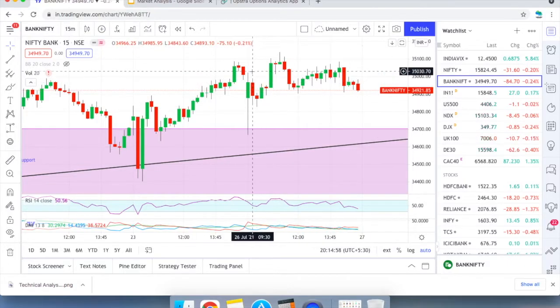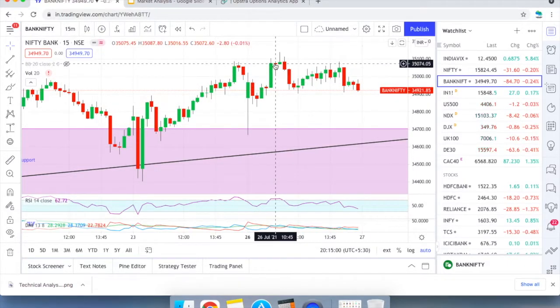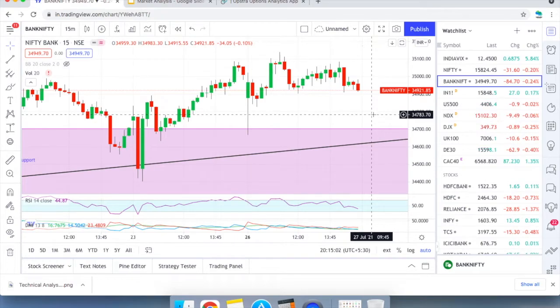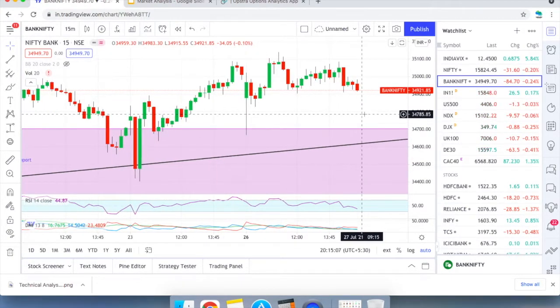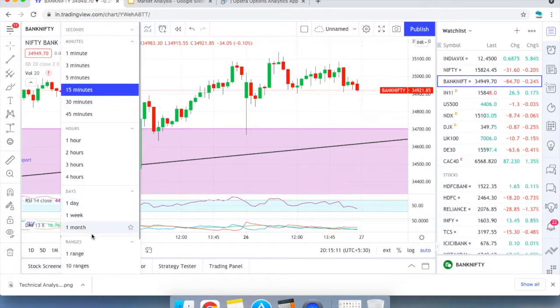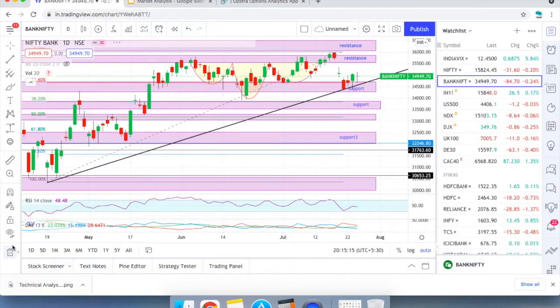So 350 points down, then 450 points up, and then 250 points down. It is very difficult to trade this kind of action, all inside the range of the previous day's high and low. So this is the jittery action that happened today.